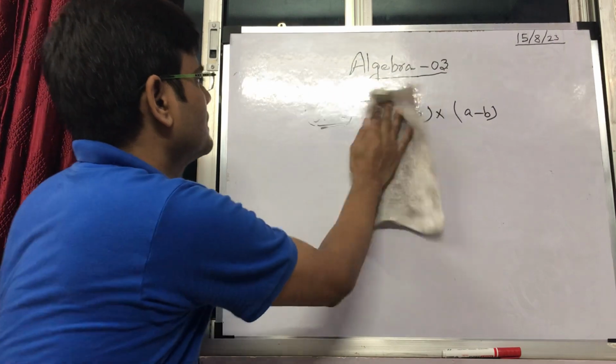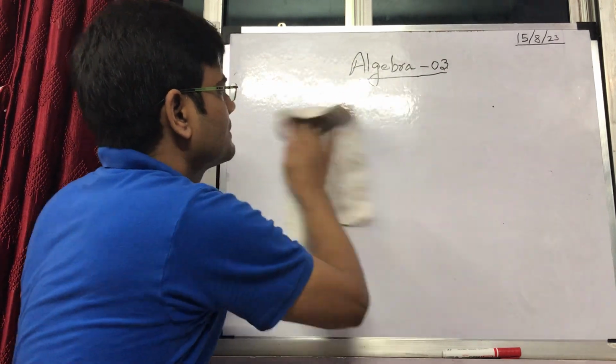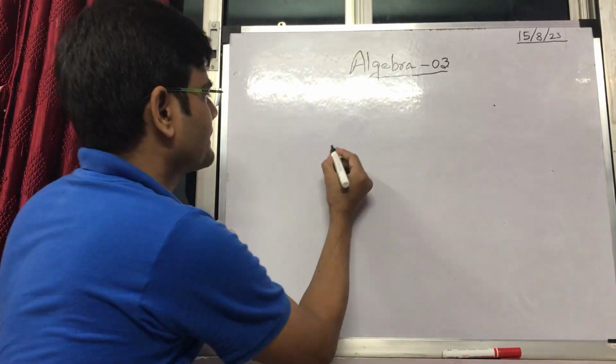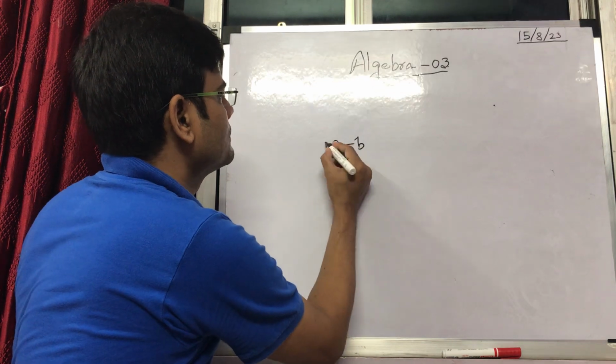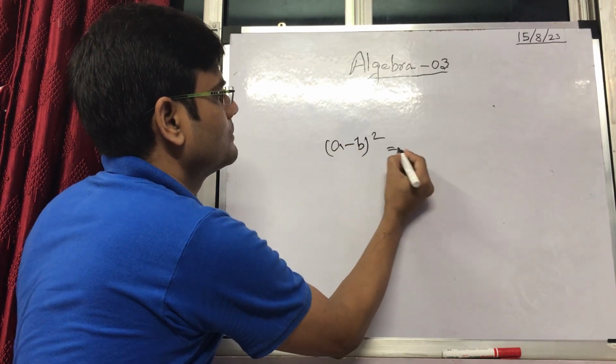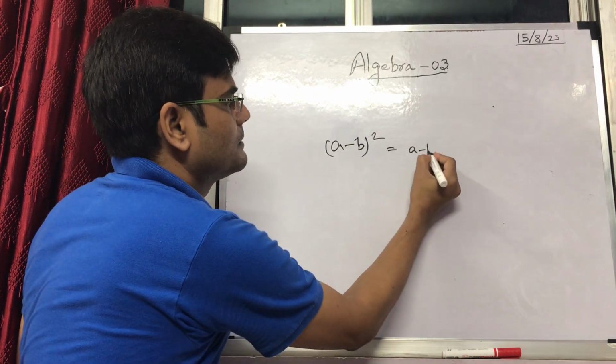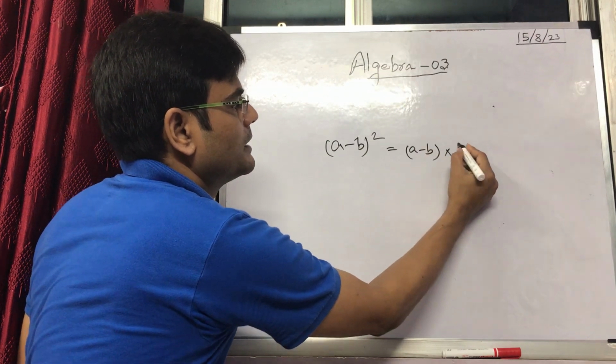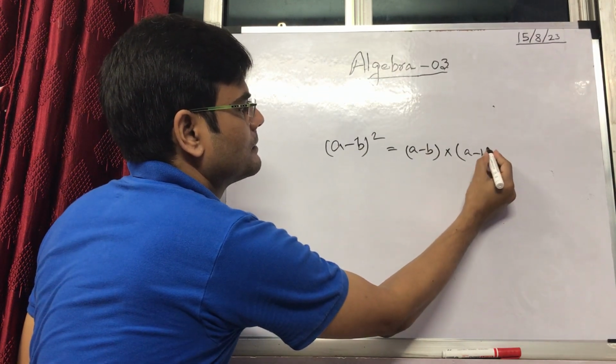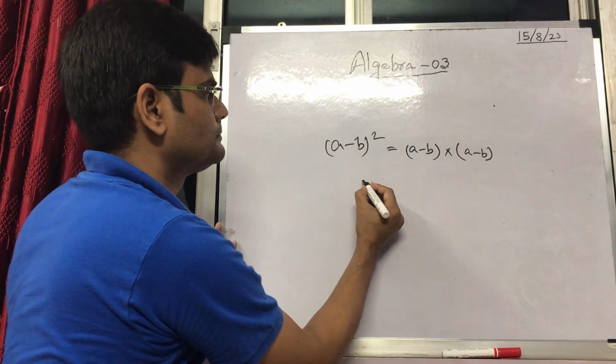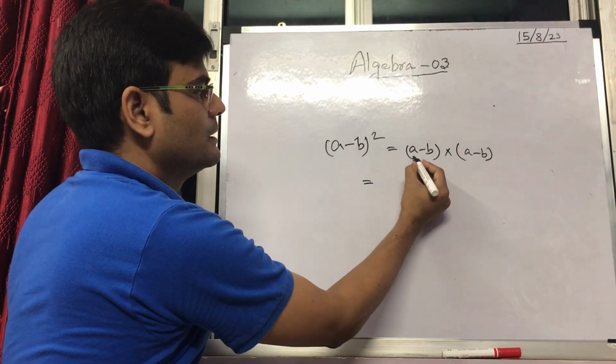Yes, I can write it here. (a minus b) whole square equals (a minus b) into (a minus b). So now, I told you, right?